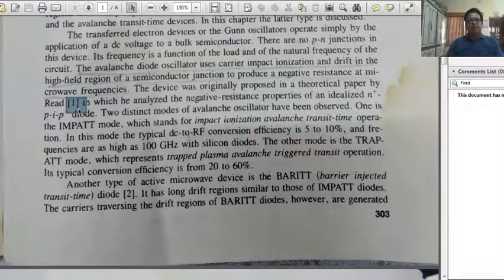Just like the Gunn effect paper, I already explained to you. If somebody wants to go for research areas in this field, this is a very important and very specific field for research. From a research point of view, this is very important. If somebody wants to go into this research area, then he should try to understand all the papers or reference papers given in this chapter.